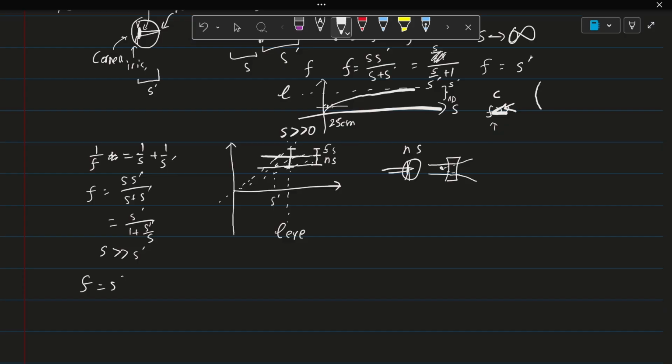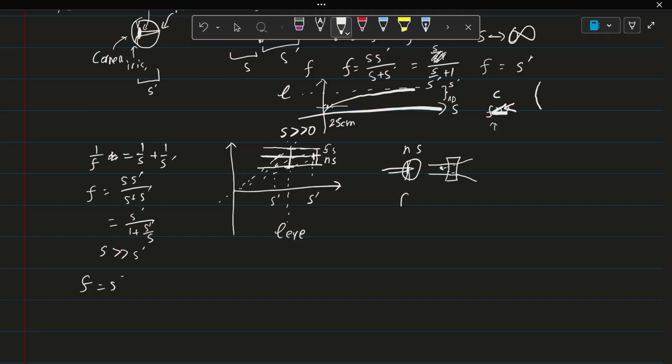For farsight, if we also take the line, and then see where the object is for near distance, it will be at this point here, which is further than your eye.